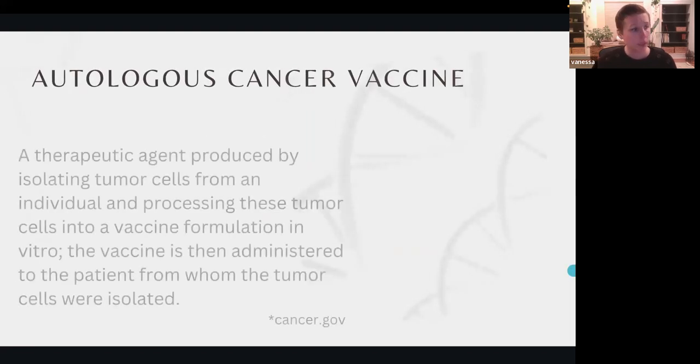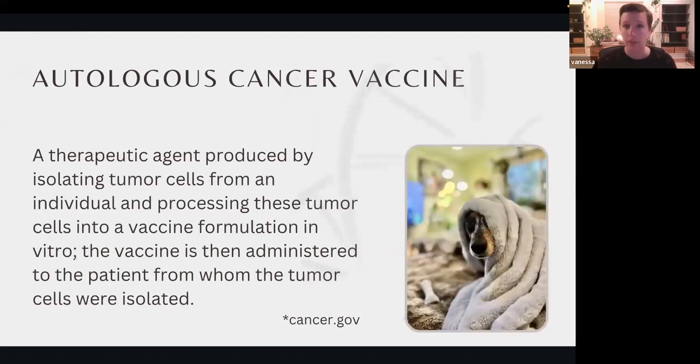The company Boehringer Ingelheim only sells that vaccine to oncologists, so it's not something that's easily accessible by general practitioners. However, another form of immunotherapy called an autologous cancer vaccine is available to general practitioners.